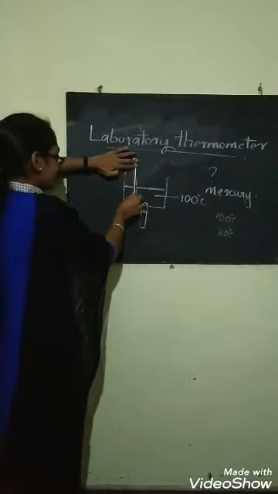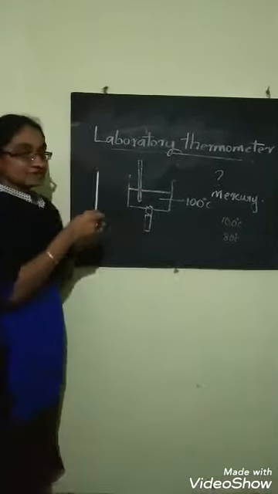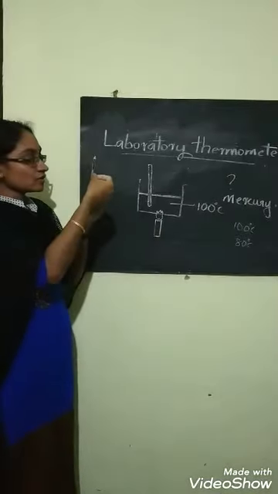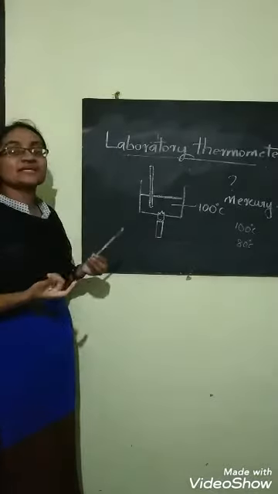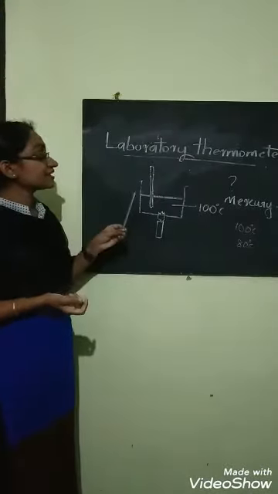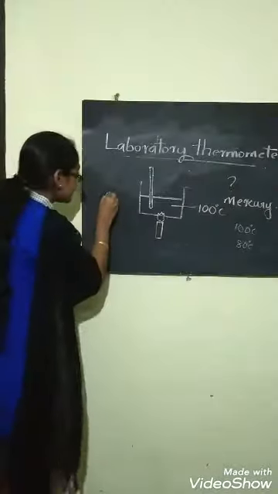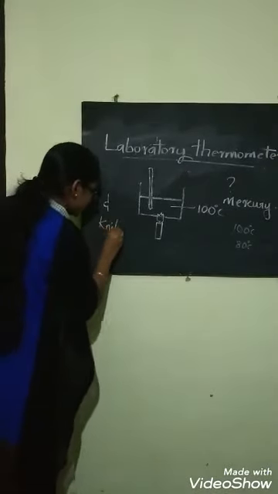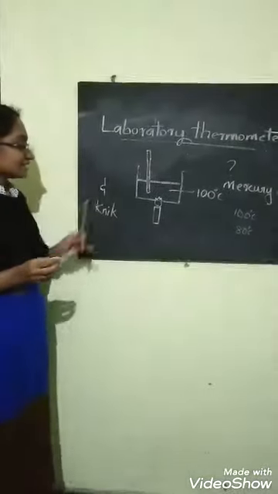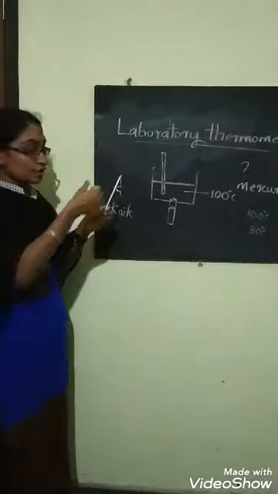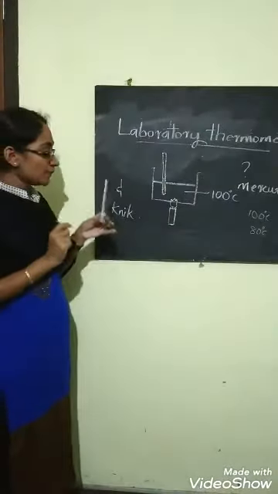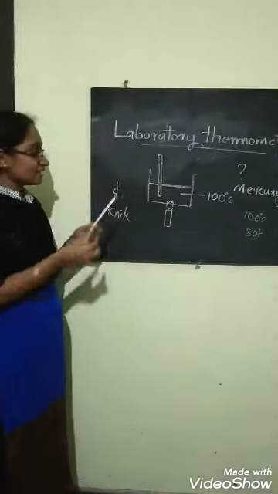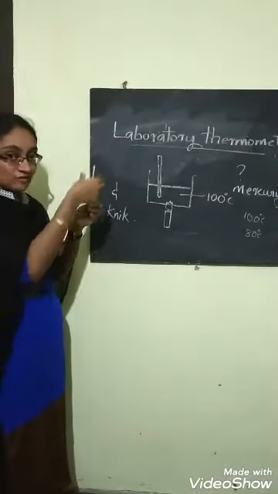The question is, when I take this outside, what happens? This thermometer reading will go down. What is the reason? In our clinical thermometer, there was a thing called a nick. This nick helps to stop the reading from falling down. But in our laboratory thermometer, there is no nick and the reading will automatically fall down.